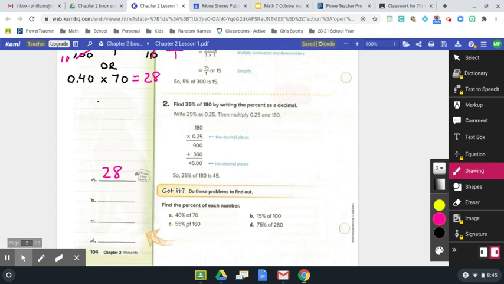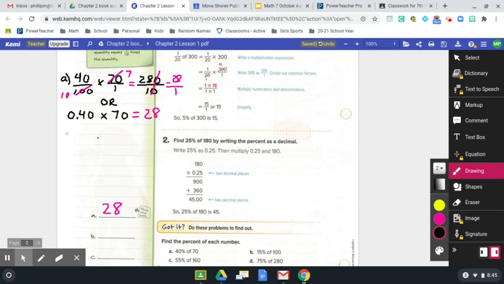Okay, let's try letter B. 15% of 100. So I'm going to show both methods again. So I'm going to come back over here on my notes side. 15% of 100. So let's start with the fraction. 15 out of 100, 15% out of 100, times 100.